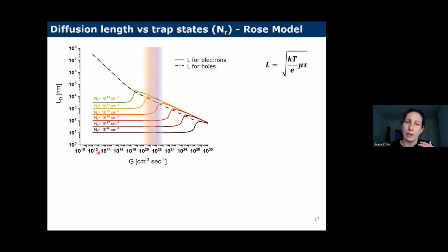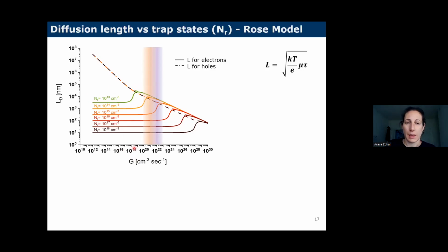And when we look at the minority carriers, in the beginning, adding such a low amount of carriers, 10 to the 12, 14, does not change much the diffusion length of those minority carriers. At some point, when I'm adding enough carriers, they can actually fill the traps, and then I'm getting some increase of the diffusion length artificially.